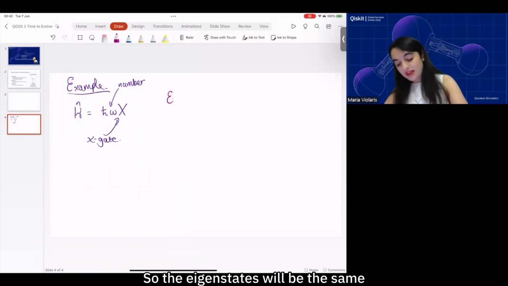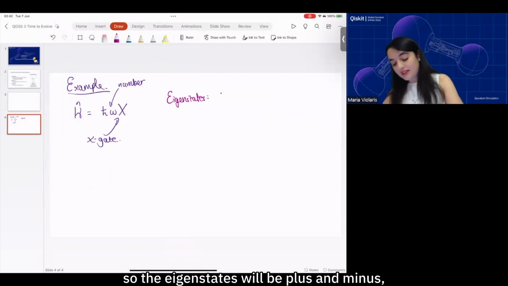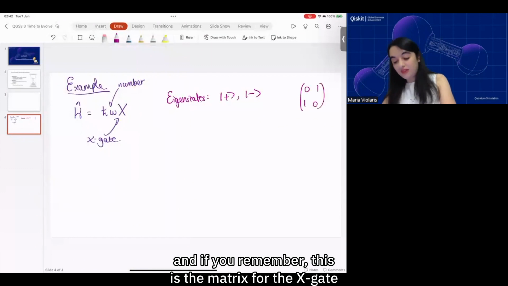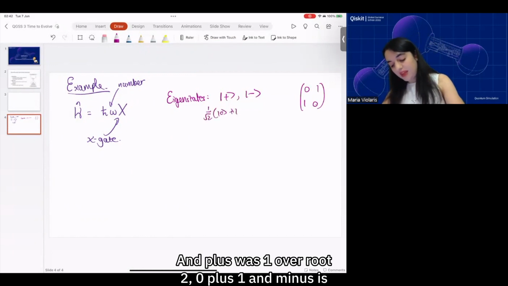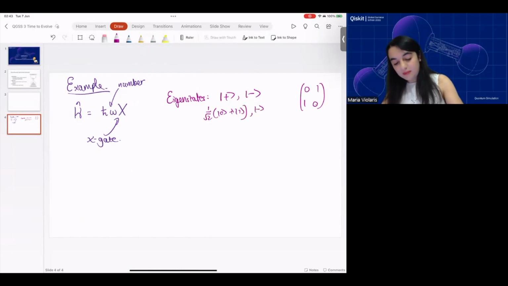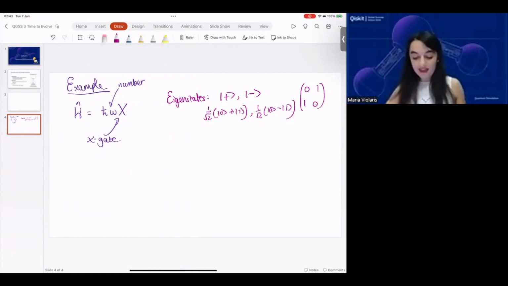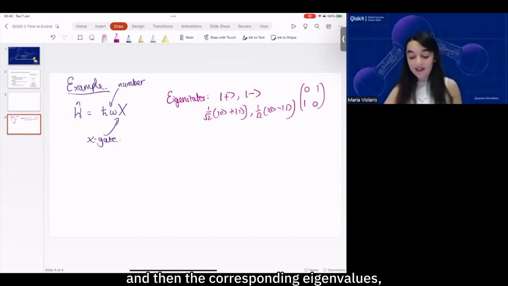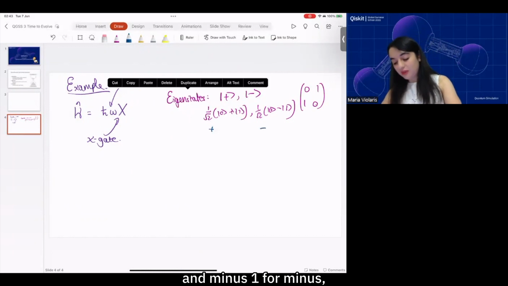So the eigenstates will be the same as they are for the x operator, because we've just multiplied it by a constant. So the eigenstates will be plus and minus. And if you remember, this is the matrix for the x gate, so you can check that. And plus was 1 over root 2, 0 plus 1, and minus is 1 over root 2, 0 minus 1. And then the corresponding eigenvalues, the ones for the x gate, are plus 1 for plus and minus 1 for minus.